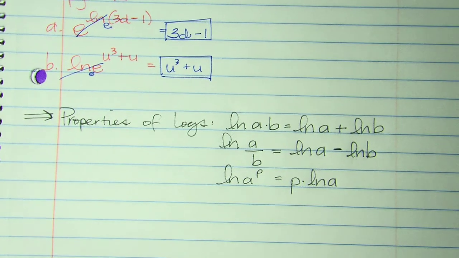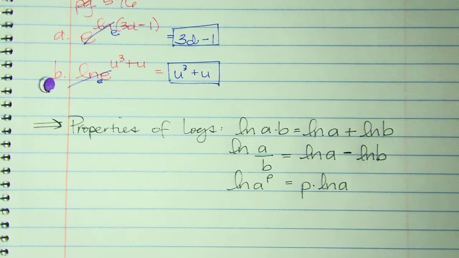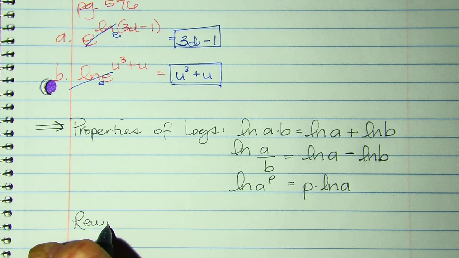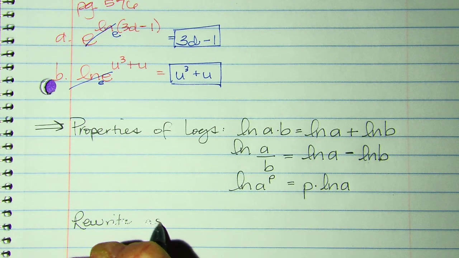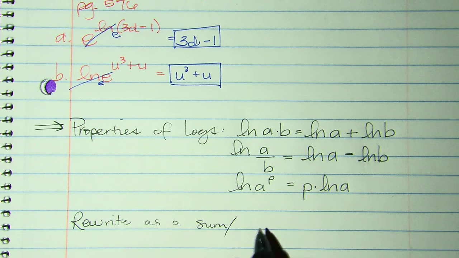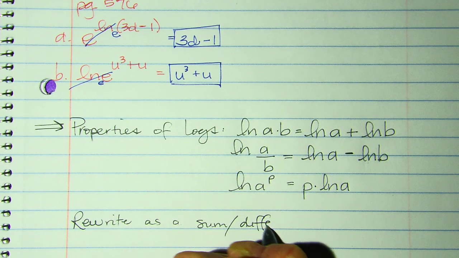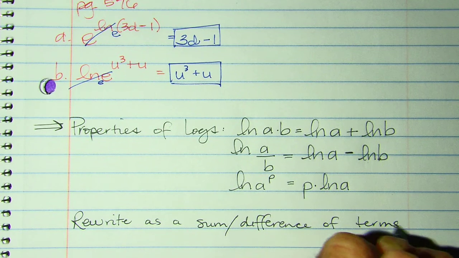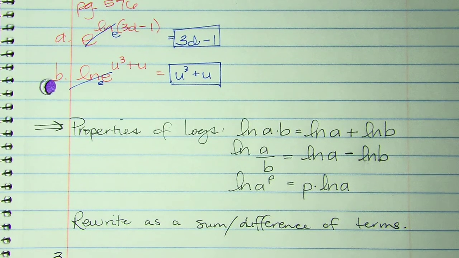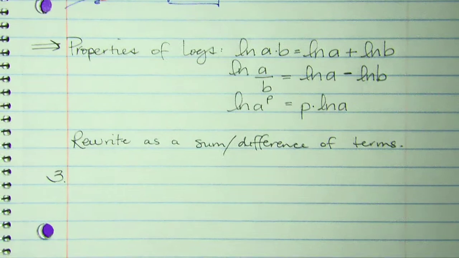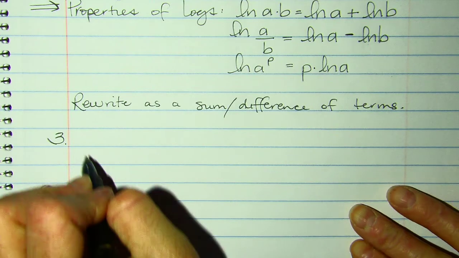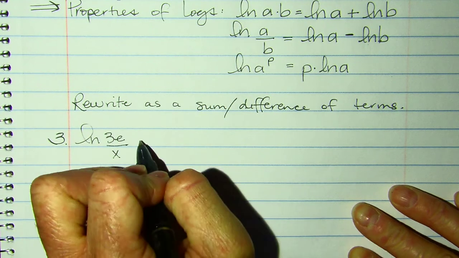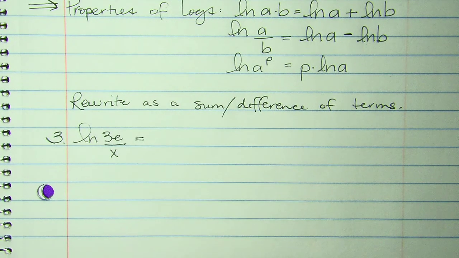So we're going to rewrite the following as a sum or difference of terms. So we're going to practice. I think we're on number 3. Sorry about that. If I have the natural log of 3e over x, first things first, I notice that I have division.